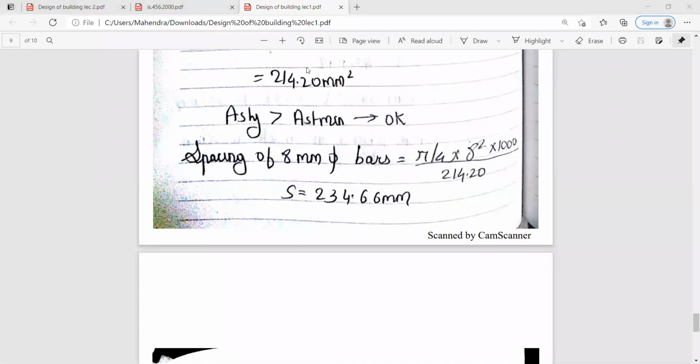Now you have to use 8 millimeter diameter bars for the spacing. So you have to calculate the spacing over here, that is pi by 4 into d square upon ASD into 1000. So the spacing you get is 234.66 mm. So calculate spacing.